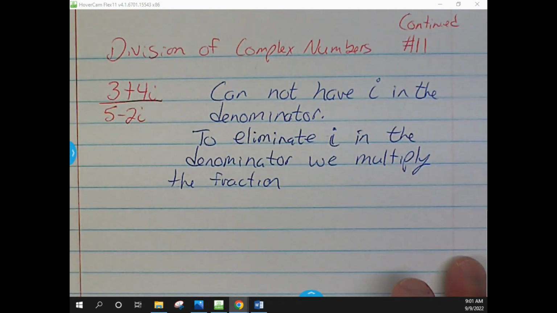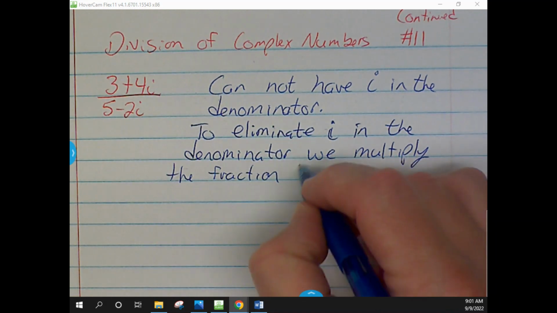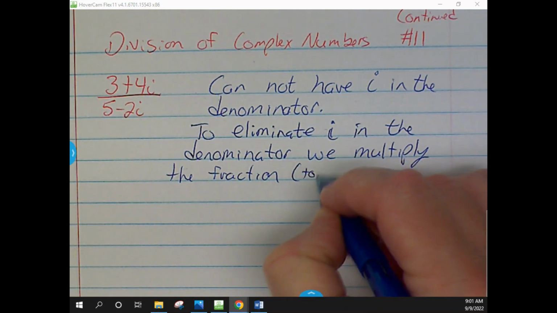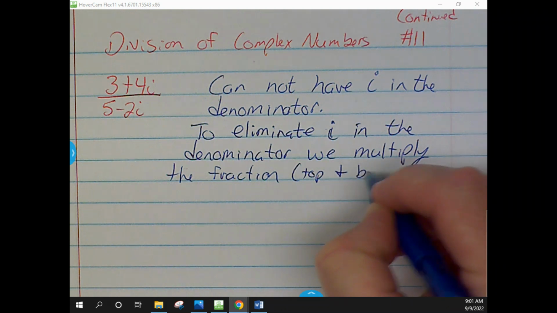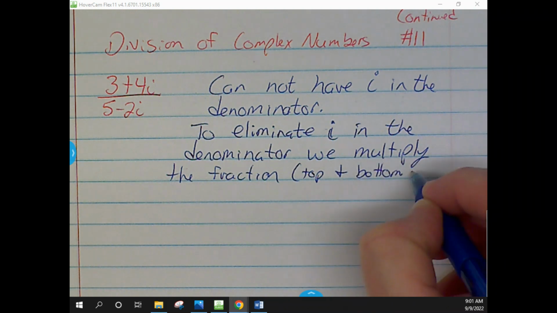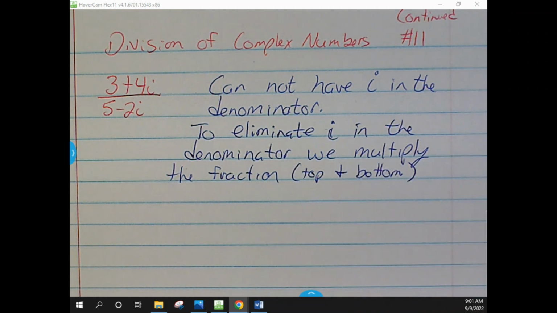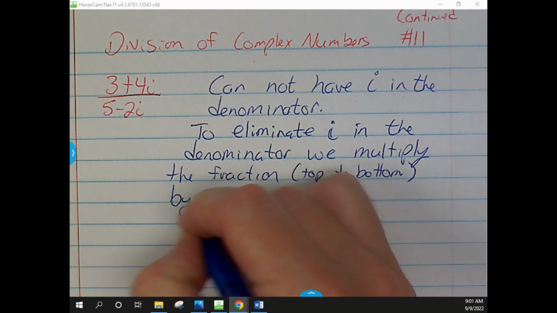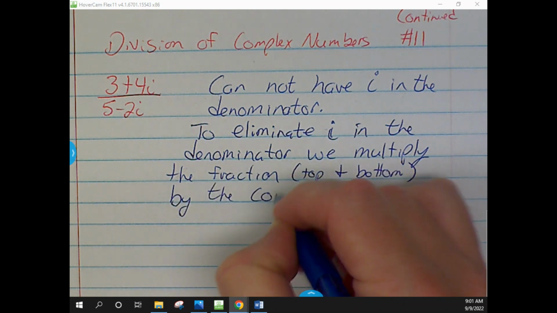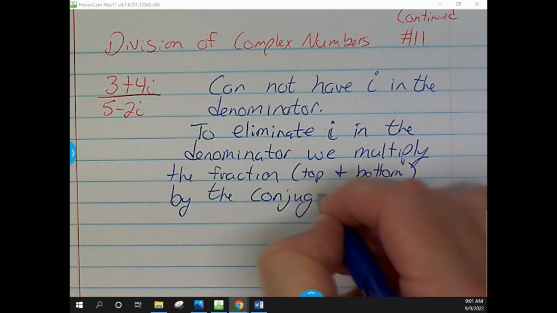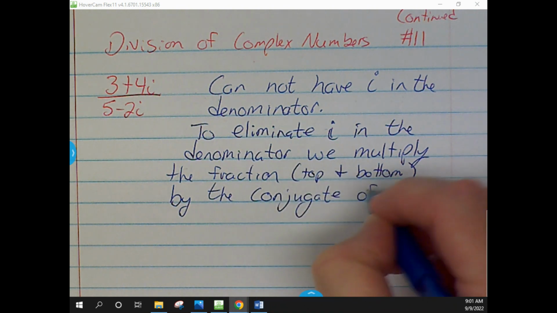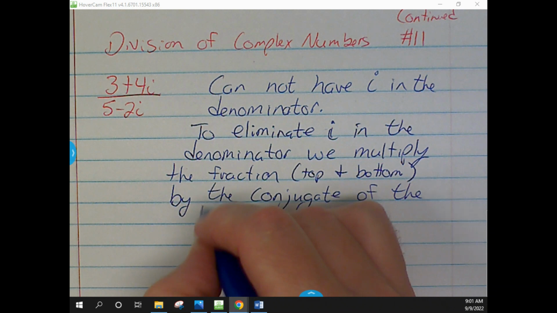And when we say multiply the fraction, we mean top and bottom, numerator and denominator. I'm just going to say top and bottom because it's shorter than saying numerator and denominator. By the conjugate of the denominator.